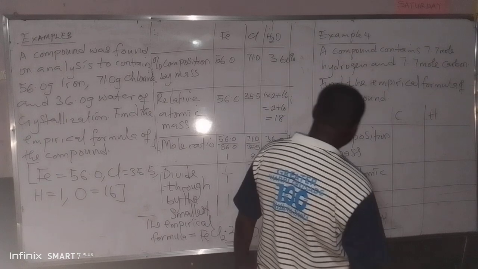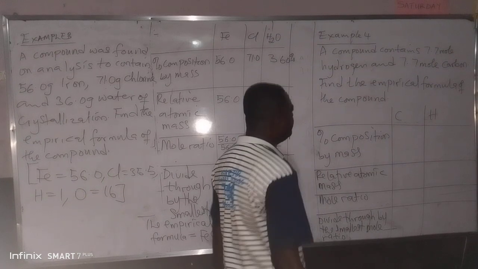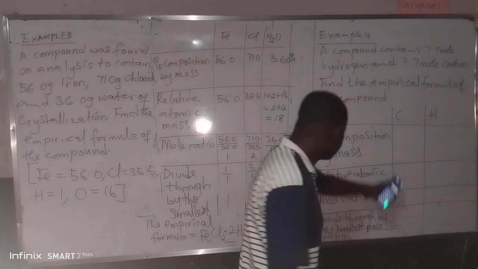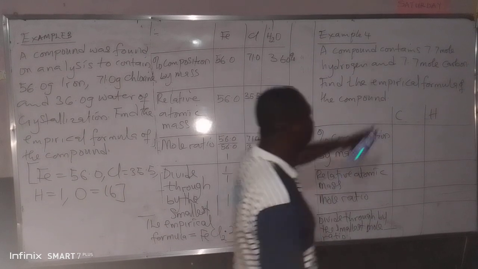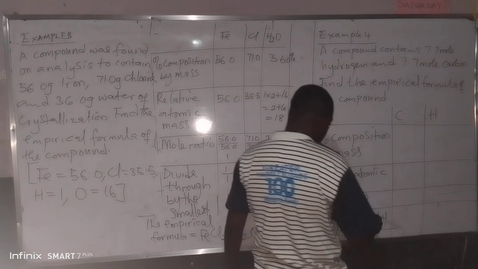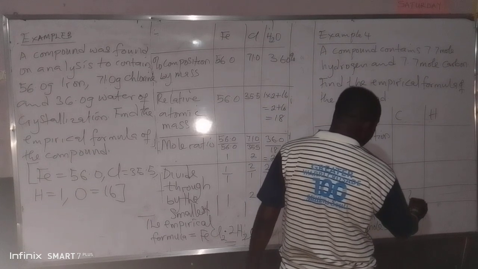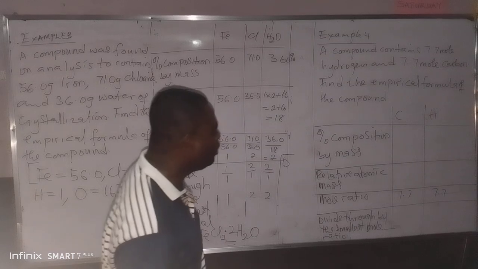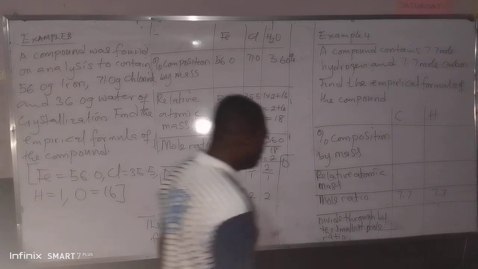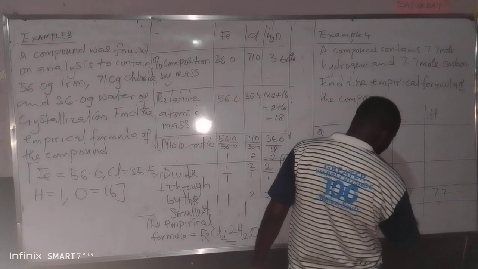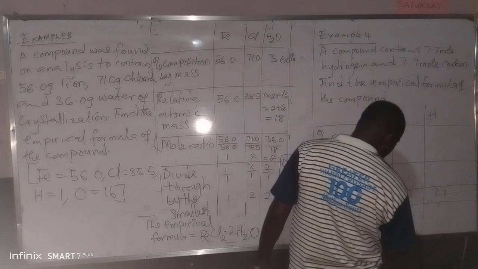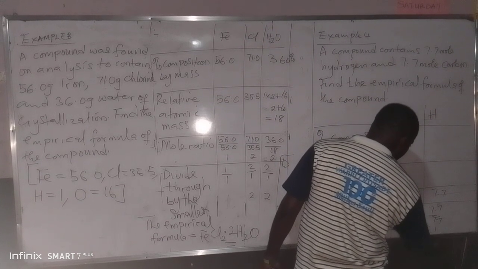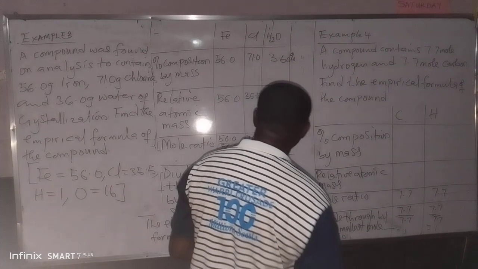So here, the first two steps are bypassed. They have already helped you, and they only give you the numbers in mole. So you start here, 7.7 and 7.7. That's the mole ratio. Divide through by the smallest: 7.7 over 7.7, answer is 1, and 7.7 over 7.7, answer is also 1.